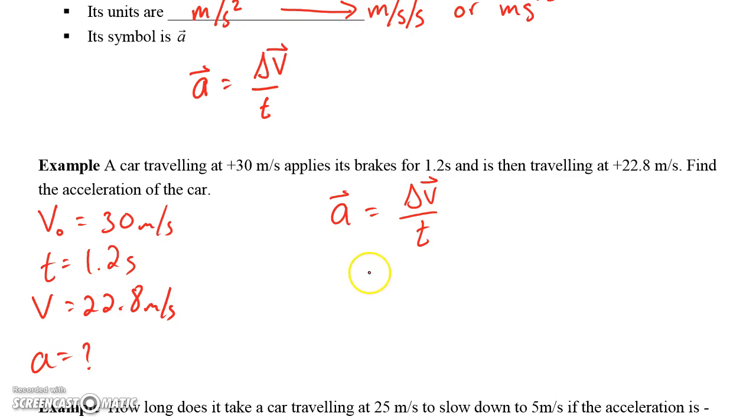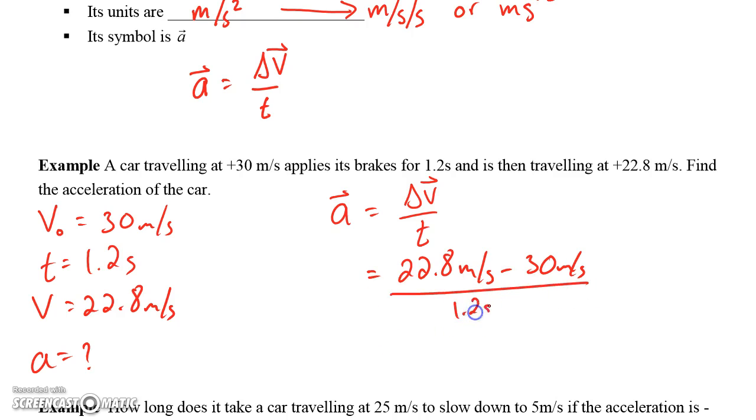So let's plug things in. We know delta V is our V minus V naught, so we have 22.8 meters per second minus 30 meters per second, all over 1.2 seconds.